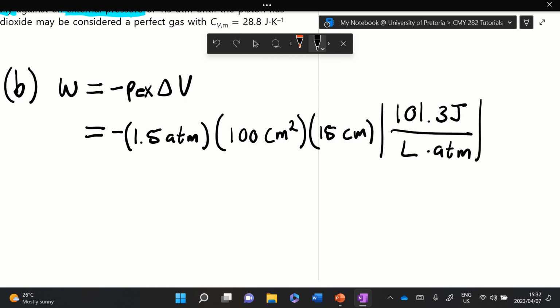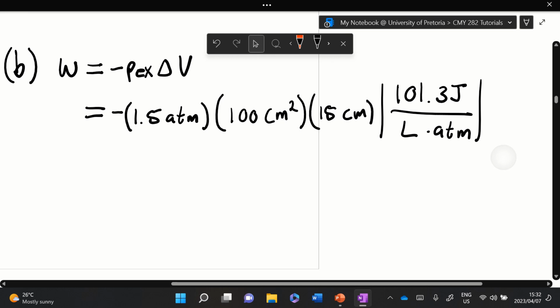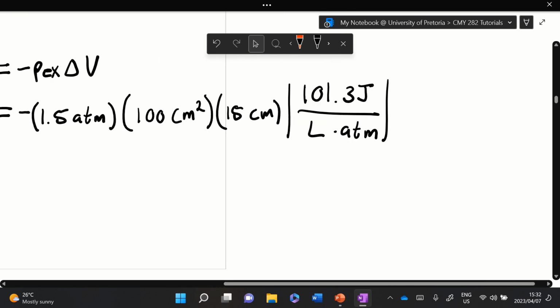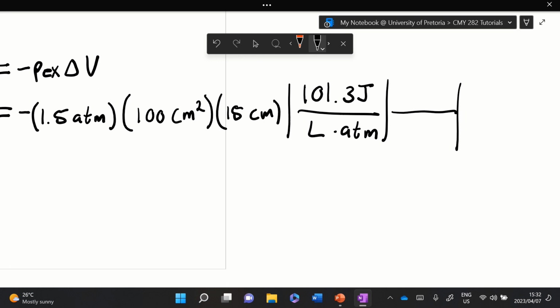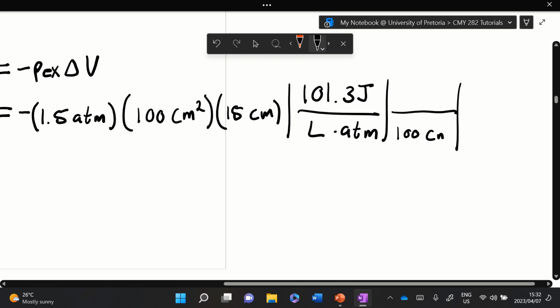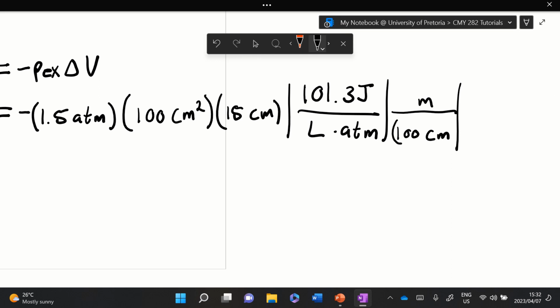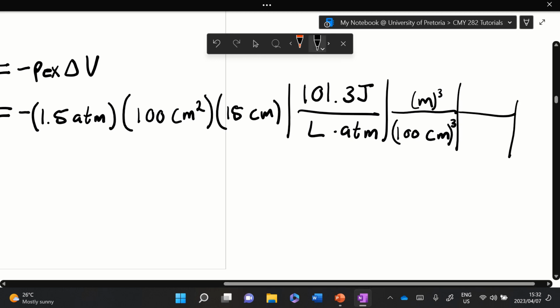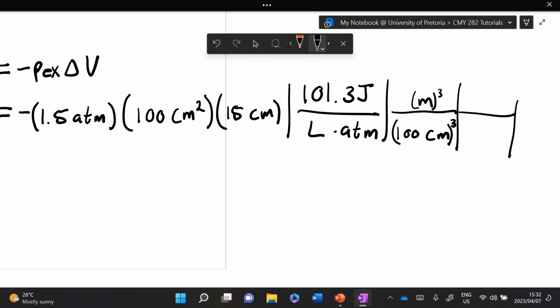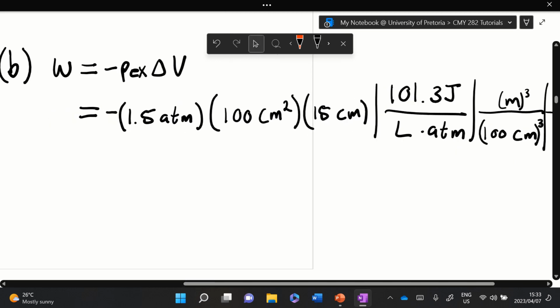Or if you want to leave that in centimeter, you can just add another conversion that says there are 100 centimeter in a meter, and then in a meter cubed there's so much there, and then in 1 liter we want a liter on top to cancel, and in a meter cubed there are 1,000 liters. You can just use those conversions.